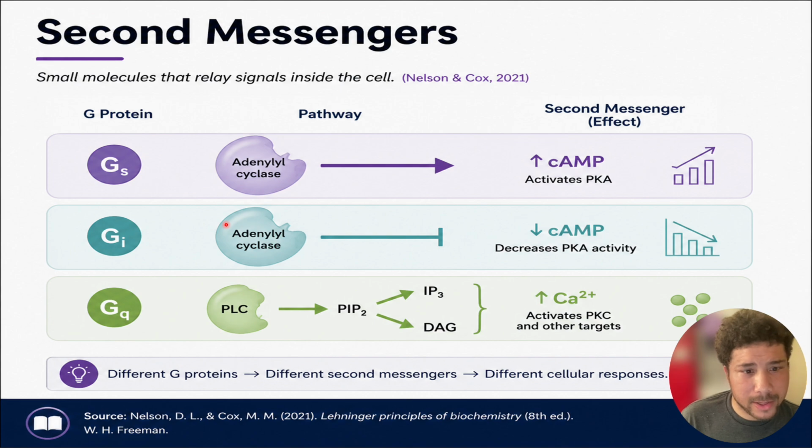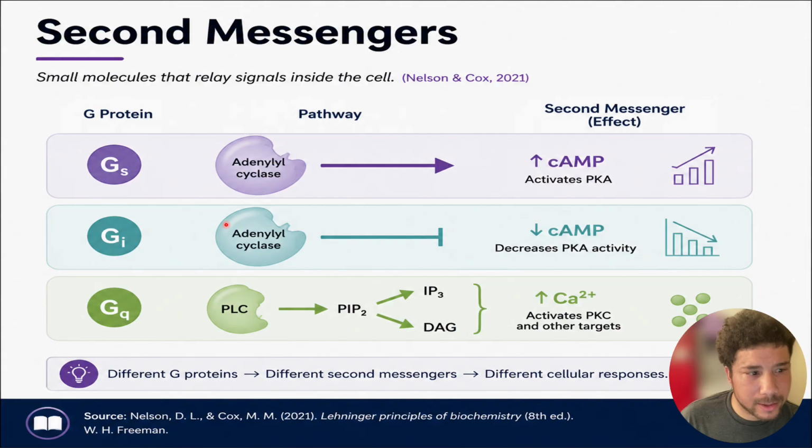The result depends on the cell type. In one cell, PKA may increase glycogen breakdown. In another, like cardiac heart cells, it may alter cardiac contraction. And it may change gene expression.